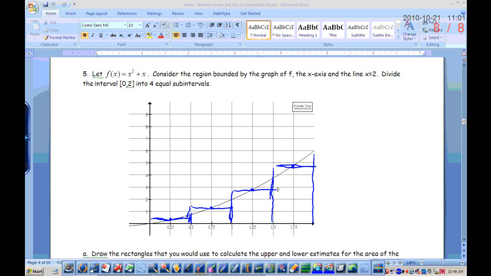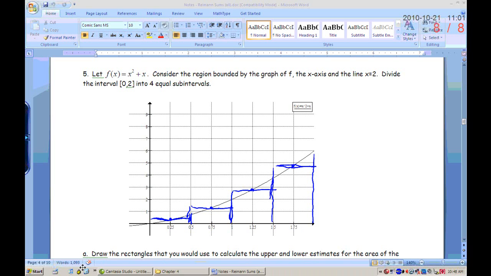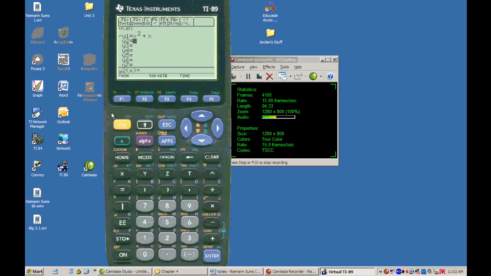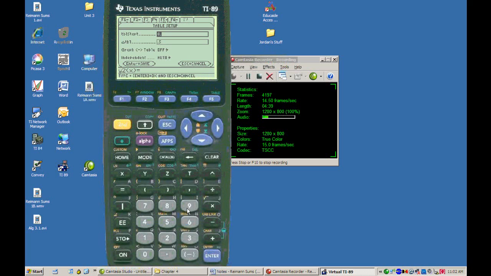So I need to find, what's the first x value that I need the height of? 0.25. So I need to go to my calculator. Under table set, what should I start my table at? I want to start it at 0.25.